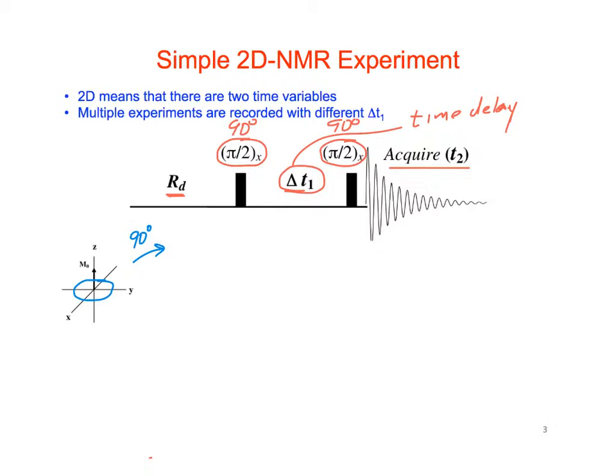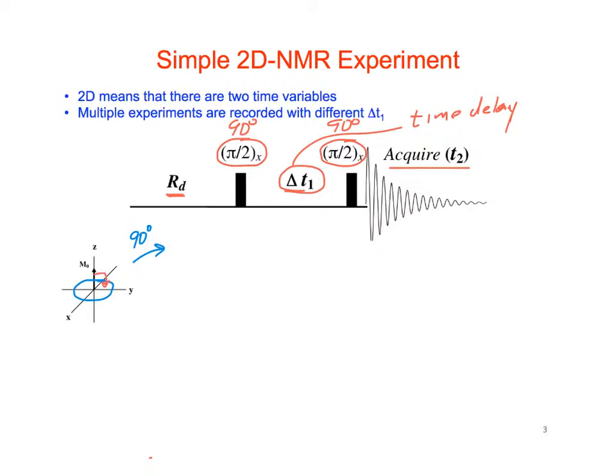Okay? And we're just going to look at the spins at this point in the absence of any coupling or anything like that. All right? So we're going to do the 90-degree pulse, and so what's going to happen to the magnetization when we do the 90-degree pulse? Should end up in the XY plane? Right, it's going to bend down like this.